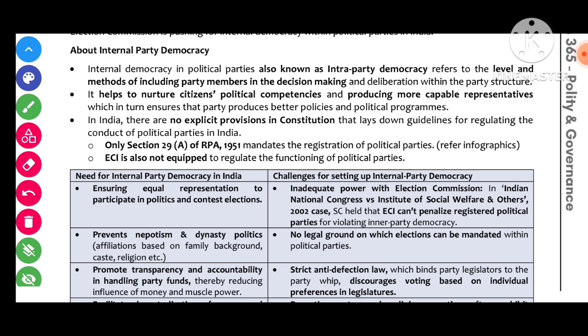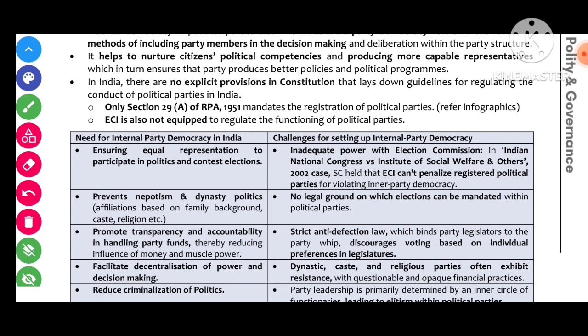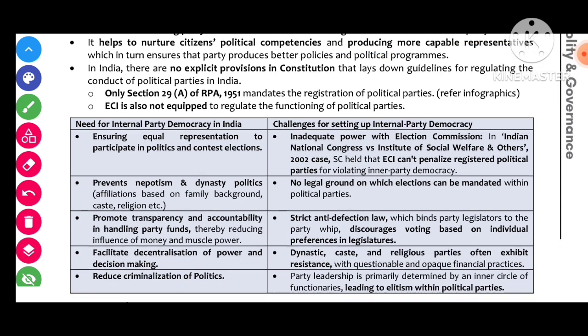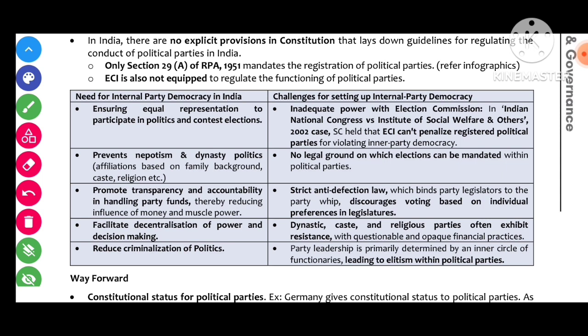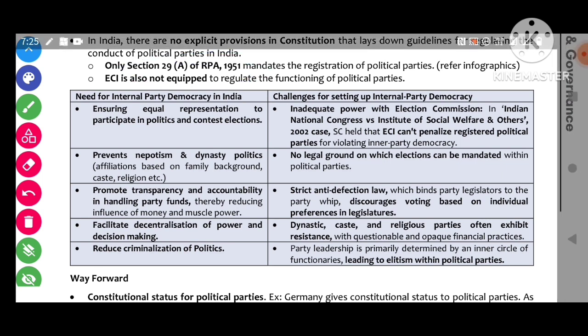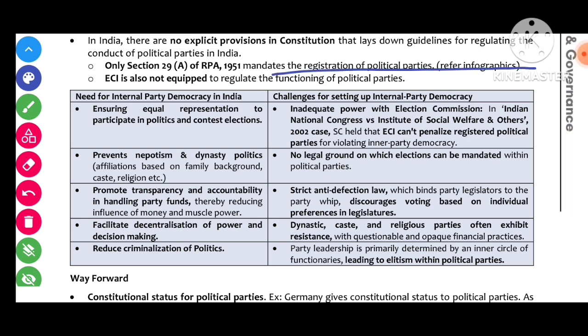It refers to the level and methods of including party members in decision making and deliberation within the party structure. Because it helps to nurture citizens' political competencies and produce more capable representatives. So remember this.